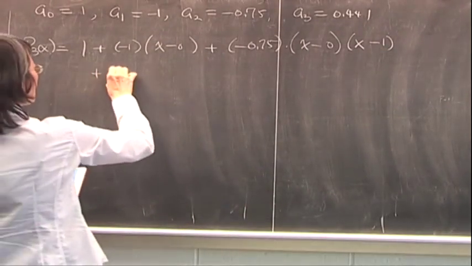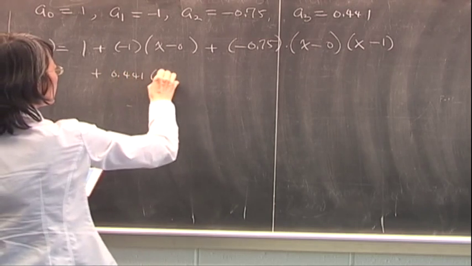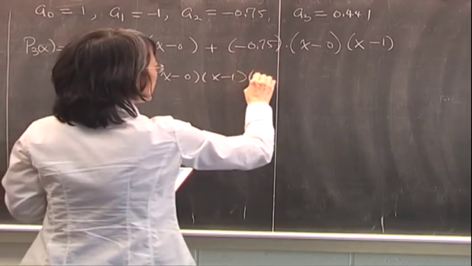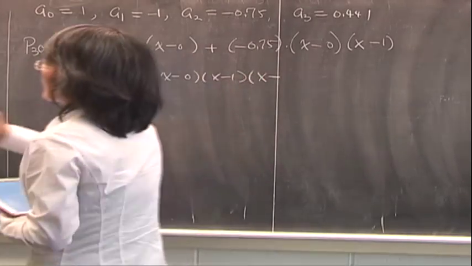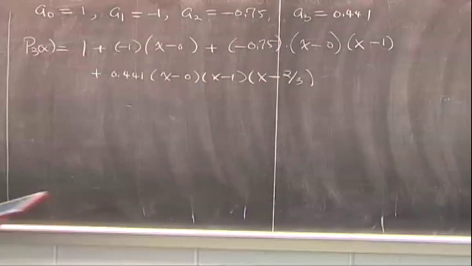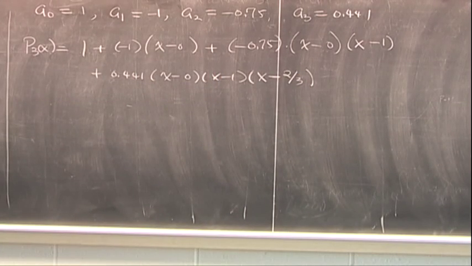And then the last one, 0.441, x minus 0, x minus 1, and there's one more point, the next x, which is 2/3. And that's your polynomial. So is the algorithm clear what one has to do? Any questions on it?